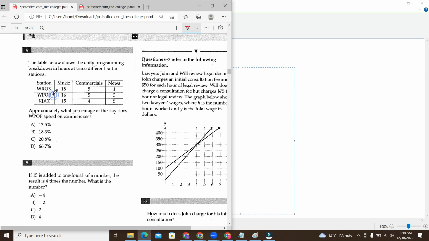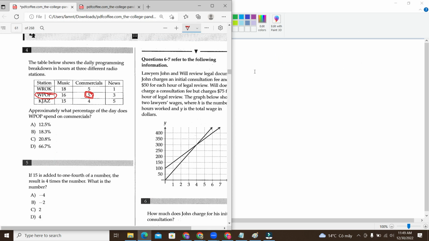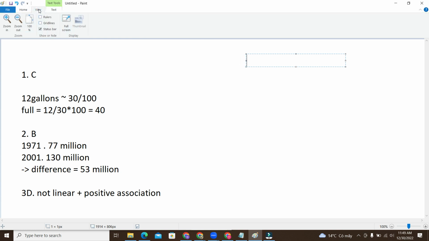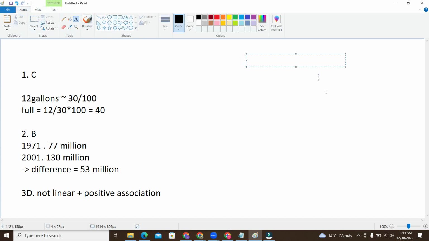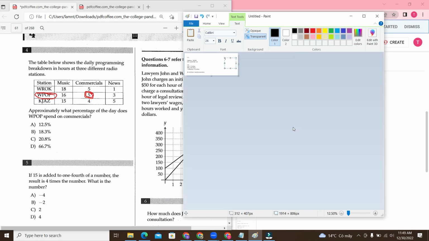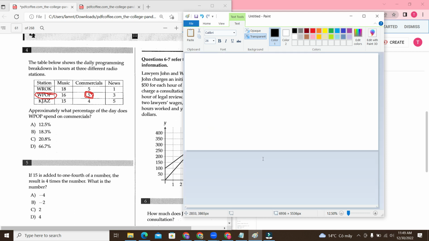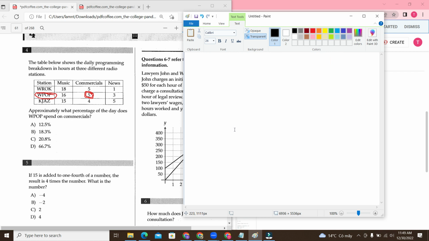So we only consider WPOP, and they want the commercial percentage of WPOP. Let me draw it.